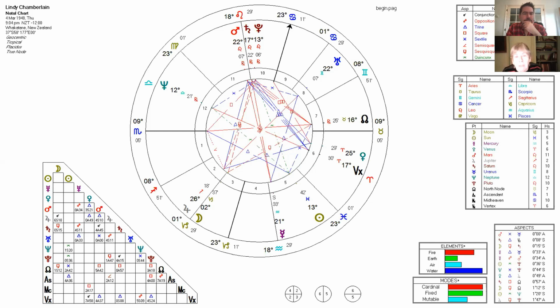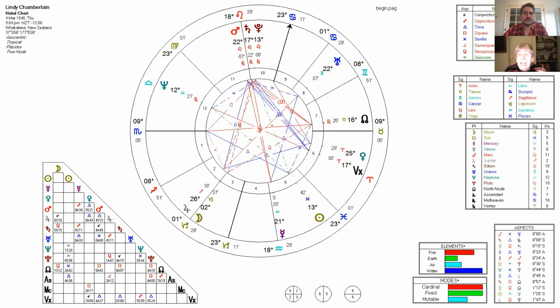We've got all the oppositions. I also believe if you use a wider orb, which I did not have time to do, she actually has a kite between that Mars, and I call that Mars, Saturn, Pluto. I put them basically together because this is where I get a bit blasphemous. To me, if you've got Mars conjunct Saturn conjunct Pluto, then you've got Mars conjunct Pluto with Saturn as the conduit.